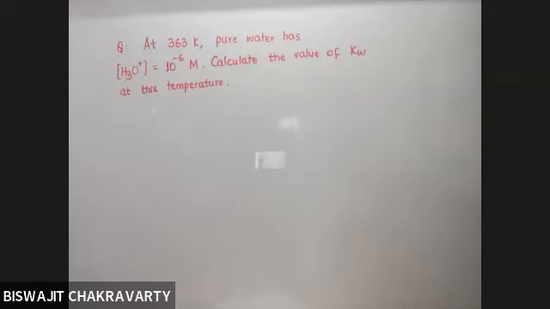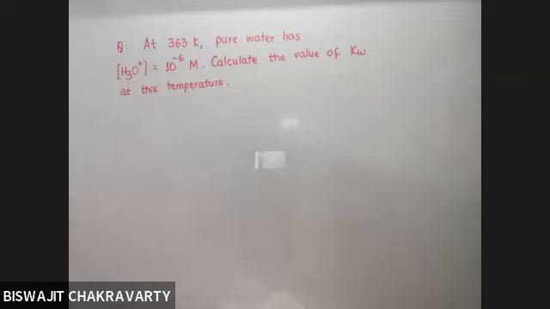So it is 10 to the power minus 6 molar, but we have seen that if the temperature is 25 degrees Celsius, then 10 to the power minus 6 is acidic medium, because 10 to the power minus 6 is greater than 10 to the power minus 7.